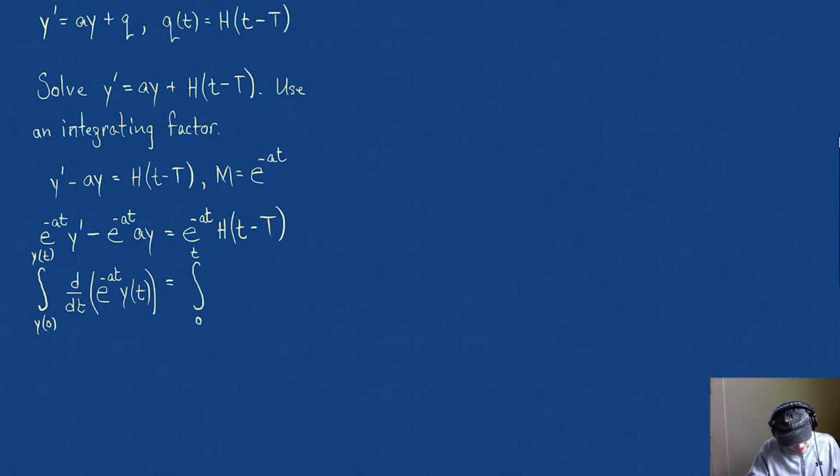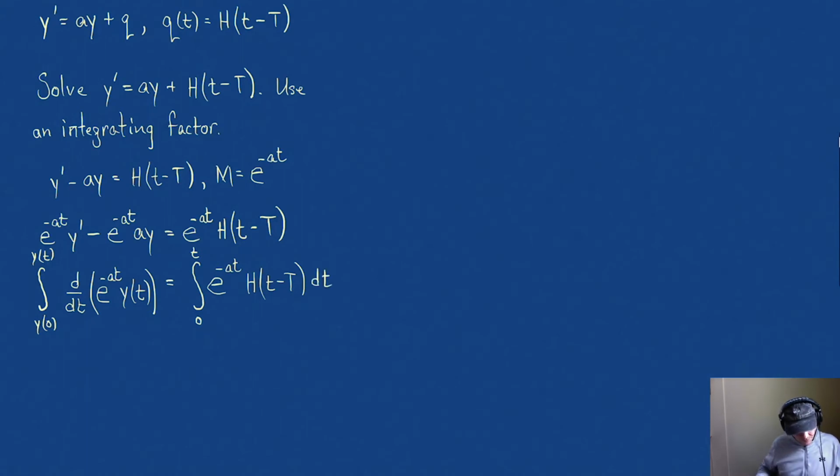Notice that this 0 is just normally where we start, but 0 could just be the letter a, and you could always change numbers accordingly. So we have e to the minus a, or a is not a very good letter, I've already used a. Maybe alpha. There we go. h of t minus capital T. Now this is where I should pick a dummy variable, but we'll be careful.